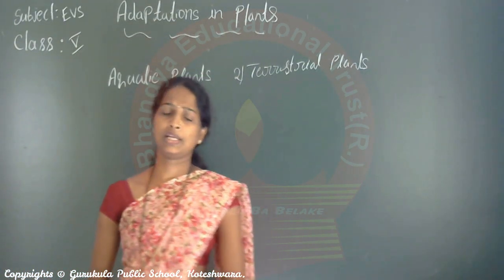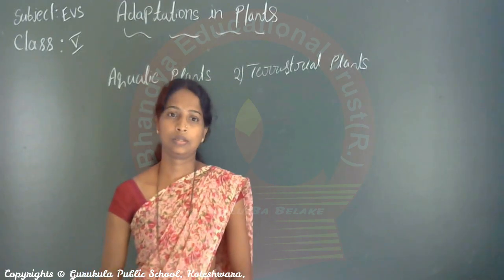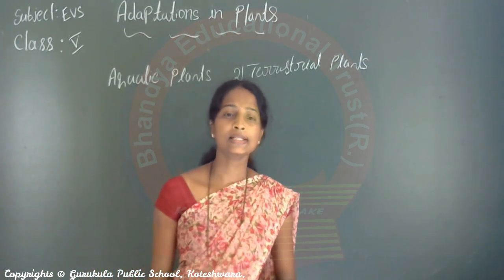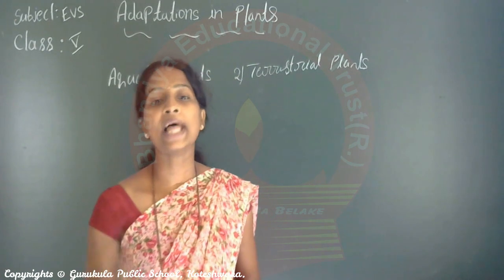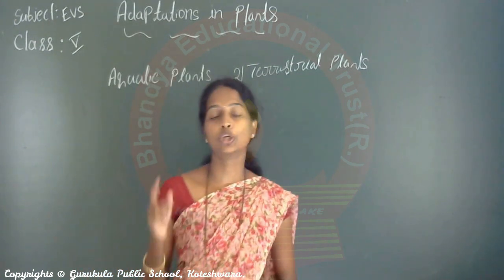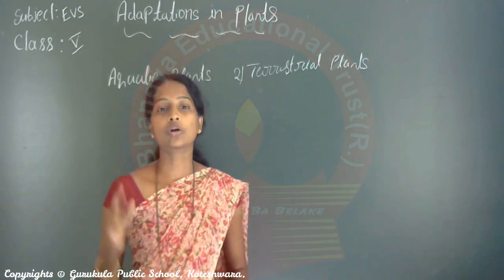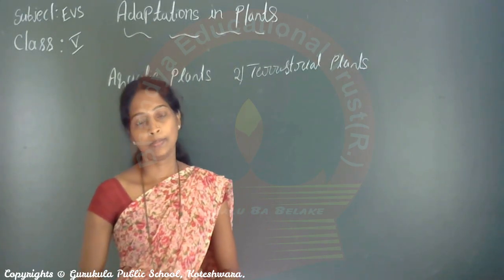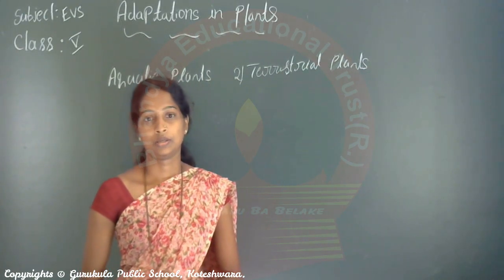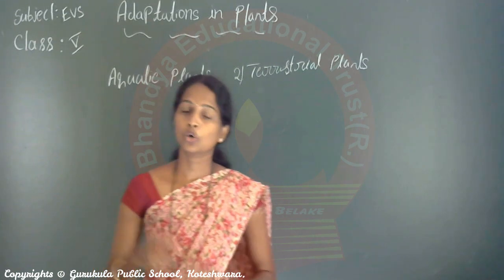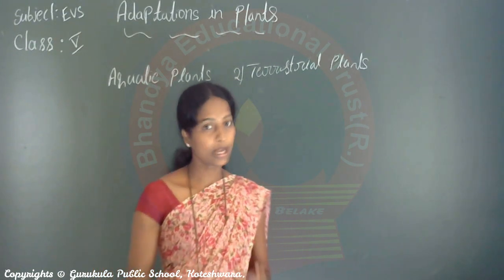What is a terrestrial plant? The plants that grow on land. The plants that grow on land are called terrestrial plants. The plants which grow in water are called aquatic plants.